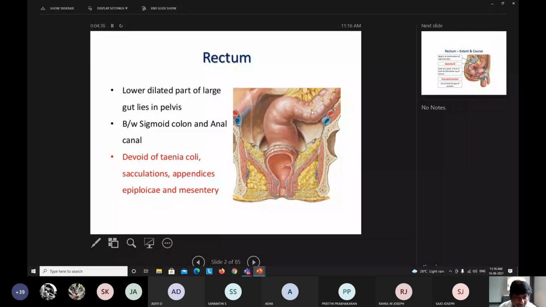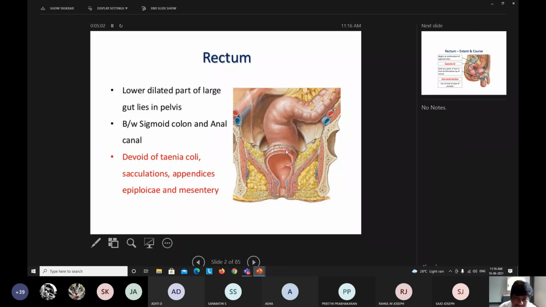Also absent are the appendices epiploicae, the fat-filled pockets. These are very important external features of the large intestine, and these three features are not present in the rectum.